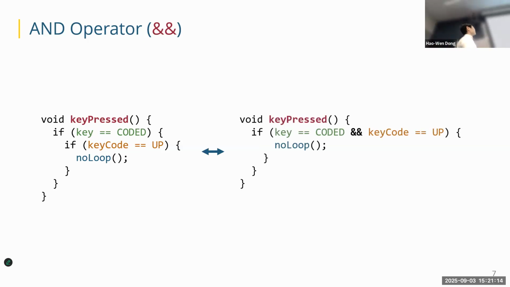Another way to do it is to put this AND operator, which is only executed when both conditions are true. This could be handy to make your code neater, so that you don't have too many parentheses. And for OR it would be 2 vertical bars. It's just the convention in Java.